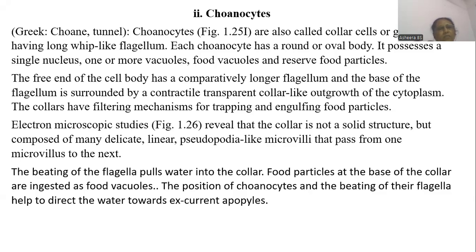The beating of the flagella directs the water towards the apopyle, so that it can enter the spongocoel. Apopyles are excurrent pores, also called internal ostia. So that is how it helps.